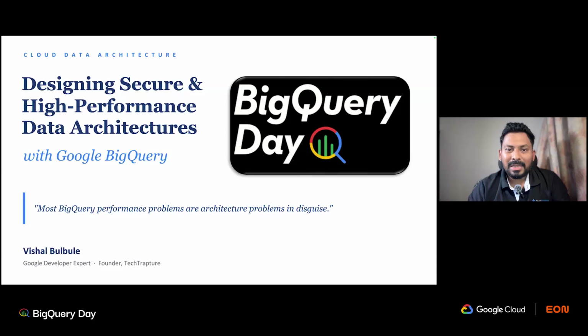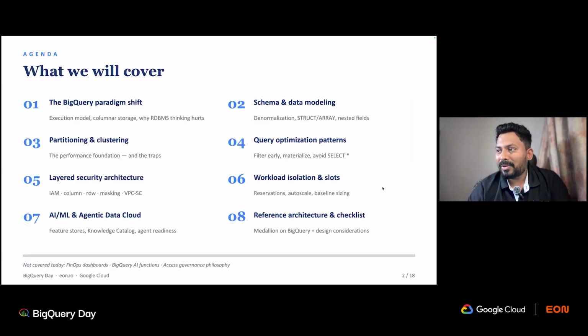Before jumping into the actual session, let's see what we are going to cover. Just have a quick overview of the agenda. If you look at my screen, the first thing is why BigQuery is fundamentally different from other databases, because that is the core of the BigQuery design architecture.